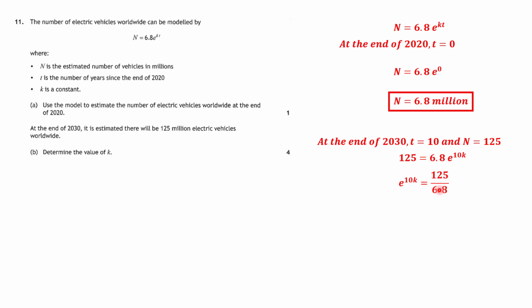That's 125 over 6.8. The next step is to take the logs of both sides. When you take the log of an e number, you just get the power, so it's 10k, and this becomes the log of this. We want to find k, so let's take a tenth of both sides. So k is going to equal 1/10 the natural logarithm of 125 over 6.8.